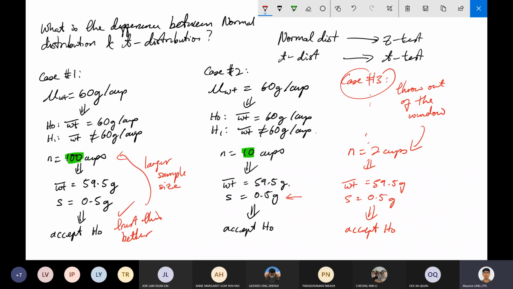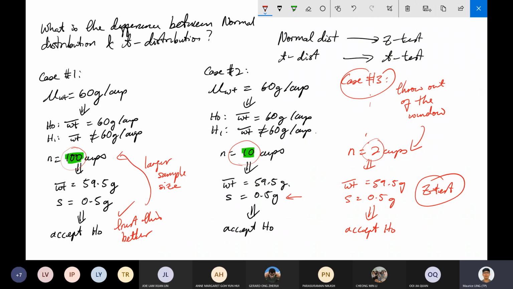Okay. But if you use all of them on Z test, all 3 cases are the same. So there is no way of accounting for the sample size in the equation. In other words, the smaller the sample size, the more buffer you have to give it, or the more unsure you are.